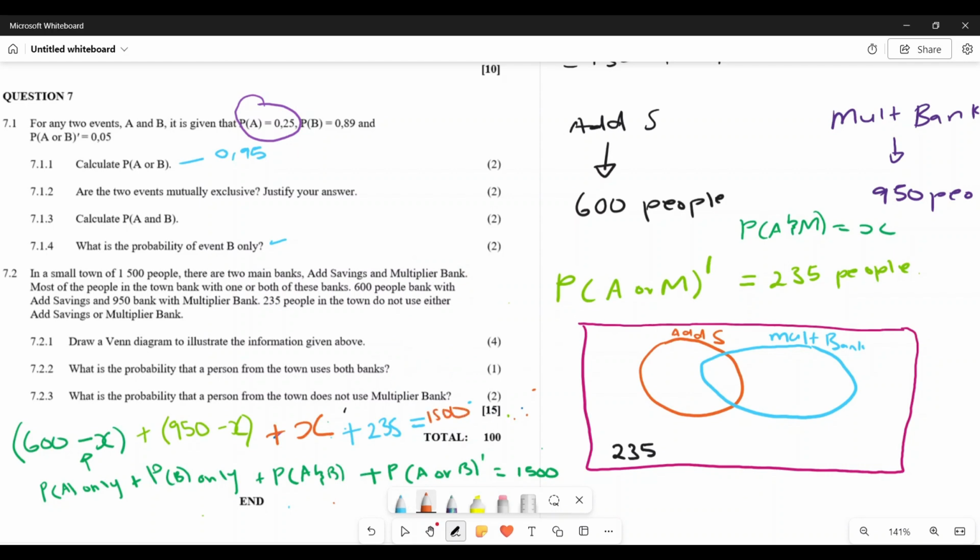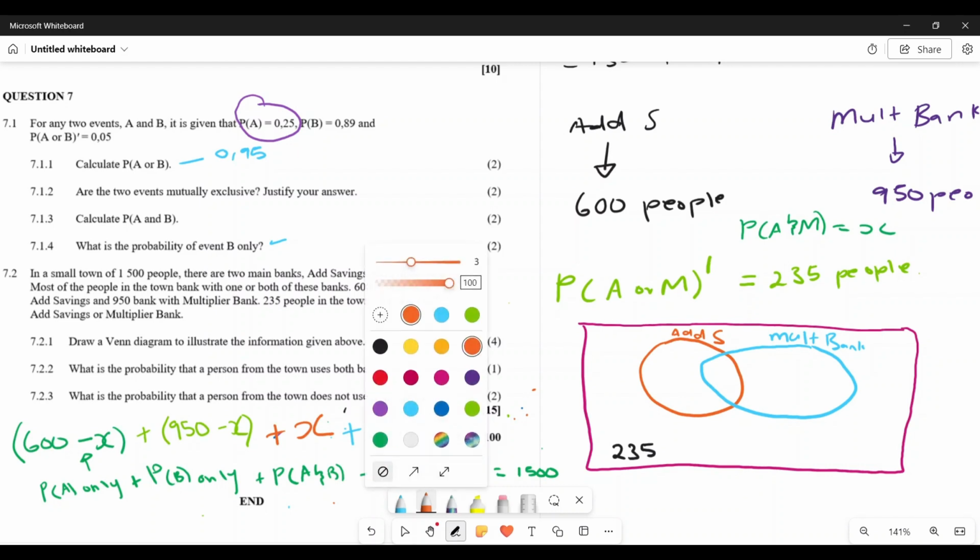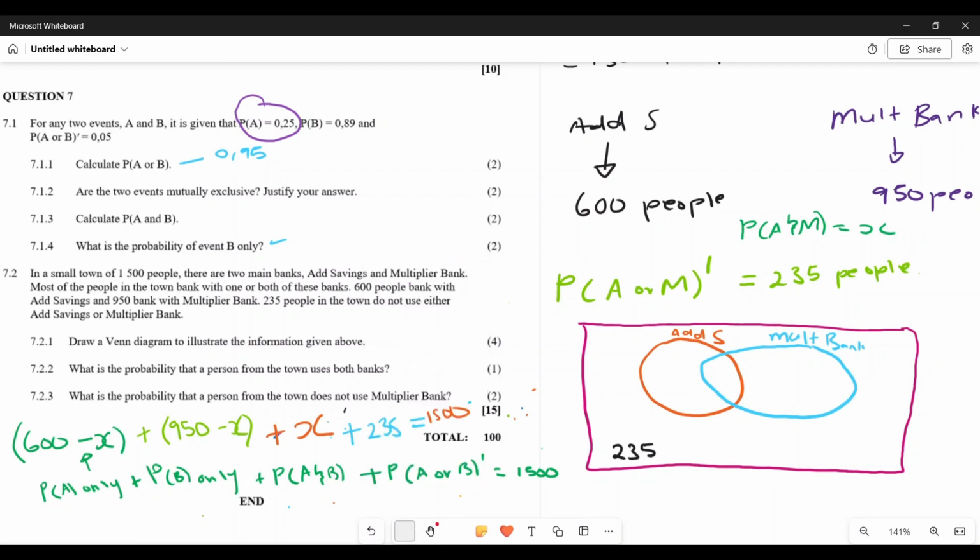All right. Now, let us solve for our value of X, which is the number of people banking with both these banks, and as a result, this would enable us to calculate the number of people banking with Edge Savings only, as well as the number of people banking with Multiplier Bank only. So now here, this negative x is going to cancel out with this positive x.